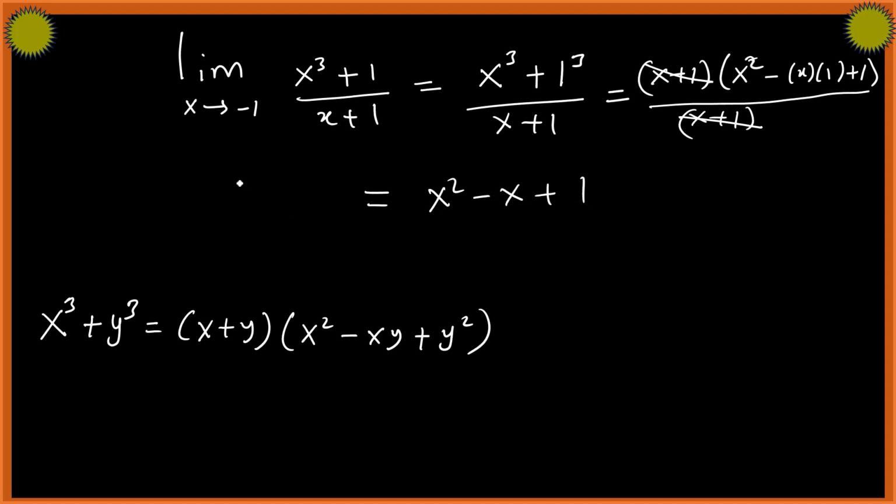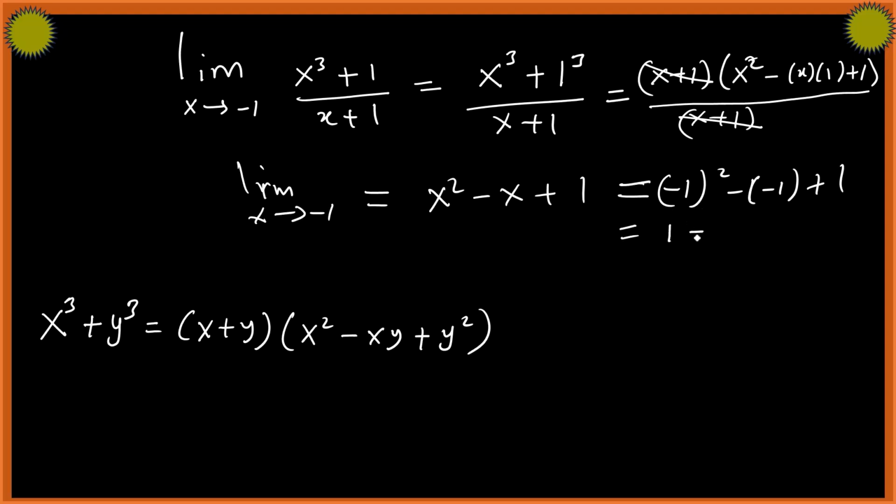So we can go ahead and evaluate the limit here. We can now plug in the limiting value that is -1. So we have -1 all squared minus -1 plus 1. All right, so we have 1 plus 1, so plus 1.